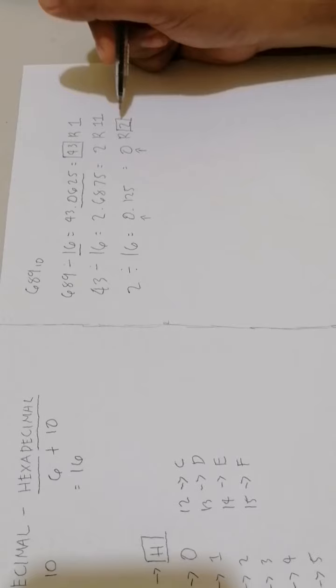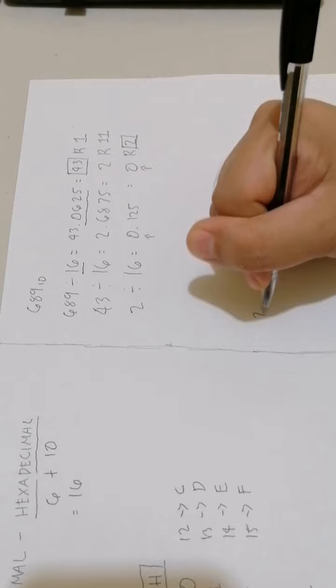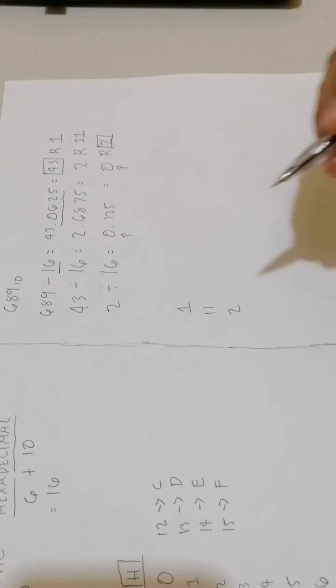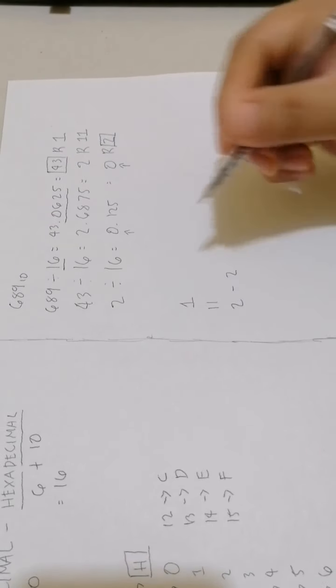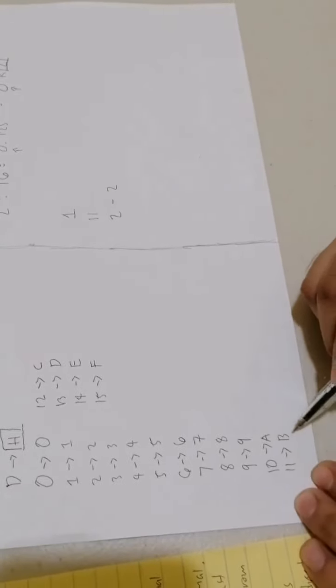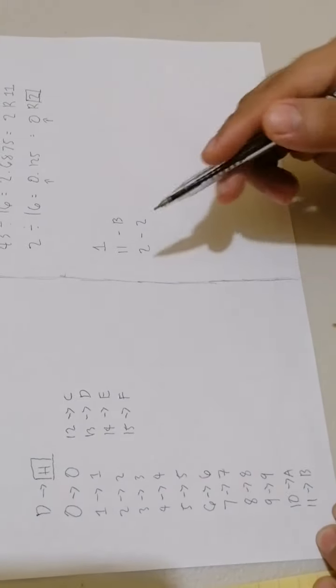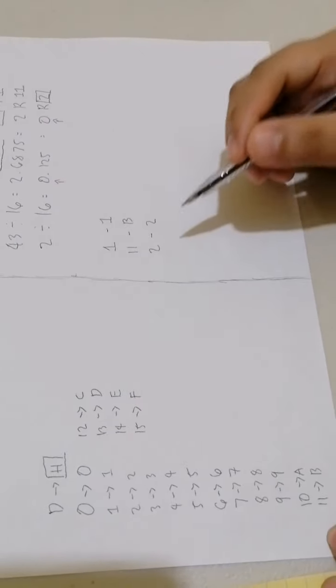So we're going to focus on these numbers: 2, 11, and 1. So I'm gonna write it here: 2, 11, and 1. So the remainders, you want to convert them to hexadecimal numbers. 2 as decimal is 2 as a hexadecimal, and based on the chart that we wrote earlier, 11 corresponds to B. So I write it B. And 1 as decimal is 1 as a hexadecimal.